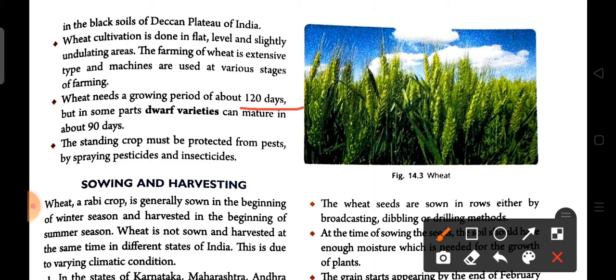But in some parts, the dwarf varieties, meaning the crops which are much lower in height than the normal ones, can mature in 90 days. So the dwarf varieties can mature earlier than the normal varieties of the growing plants.